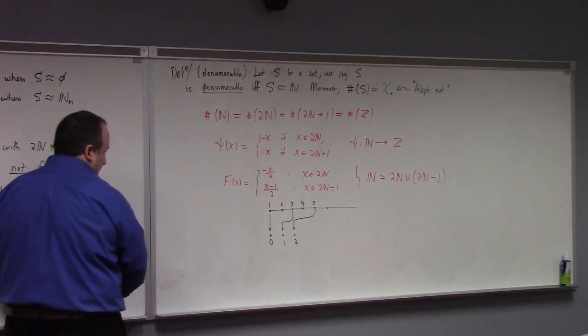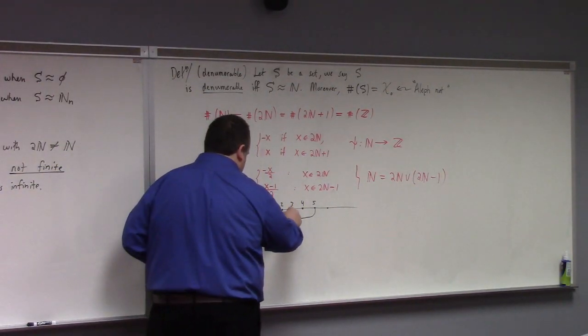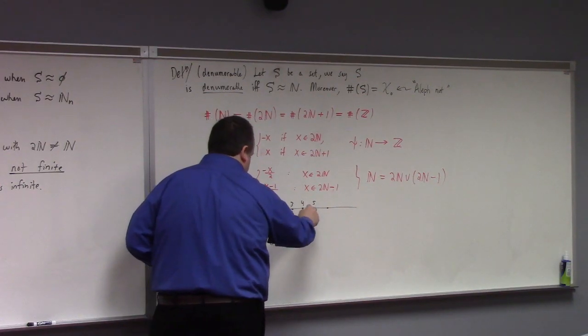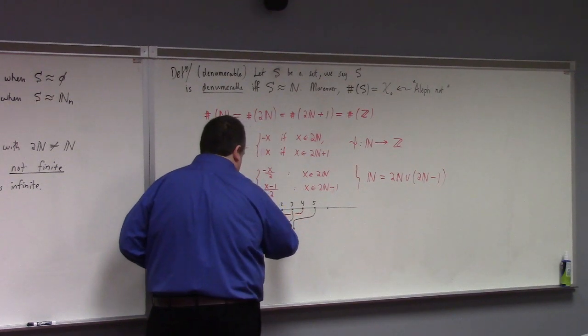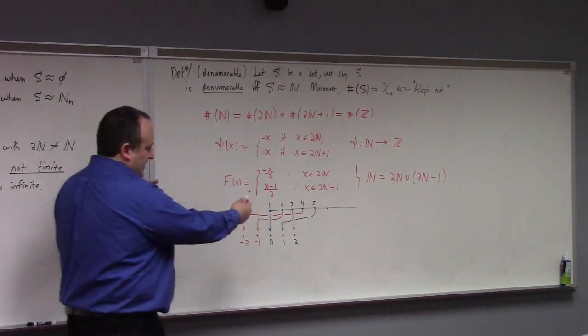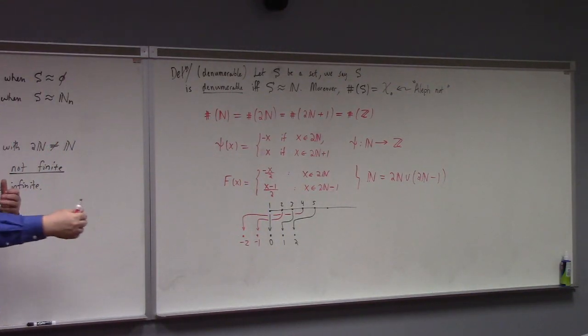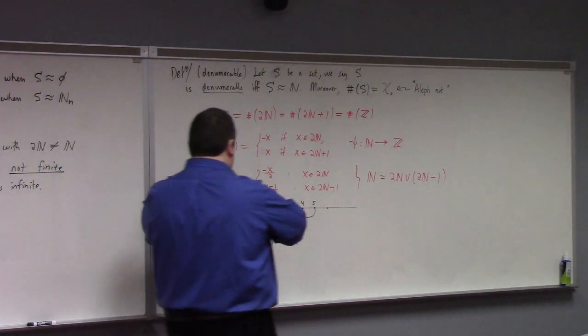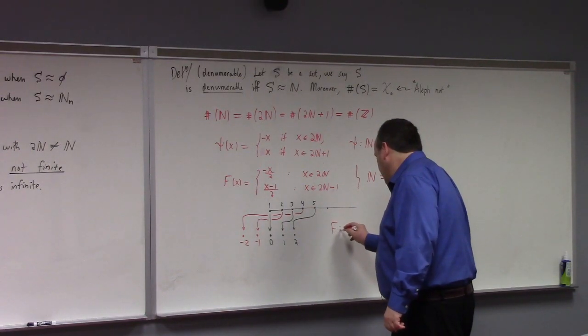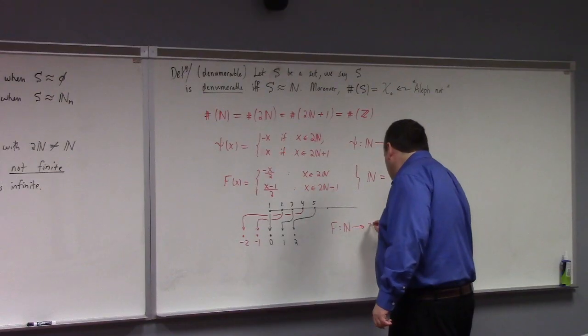And then we're taking the 2 and mapping it over here to minus 1. And then we're taking the 4. I'm not sure my picture is super helpful, but this is a picture of what's going on with the formula. We're taking all of the even numbers and relocating them to the negative integers. We're taking all the odd numbers and relocating them to the positive integers. And we can just complete this process, and it just keeps going. So that shows you that f is in fact a bijection from the natural numbers to the integers.